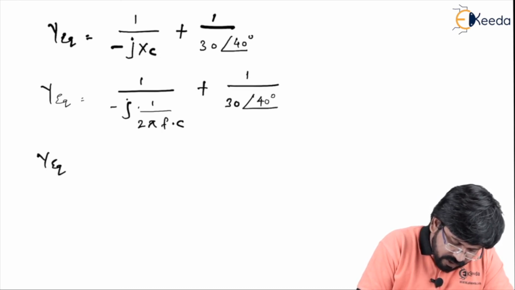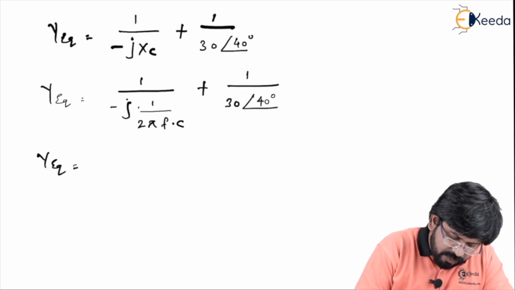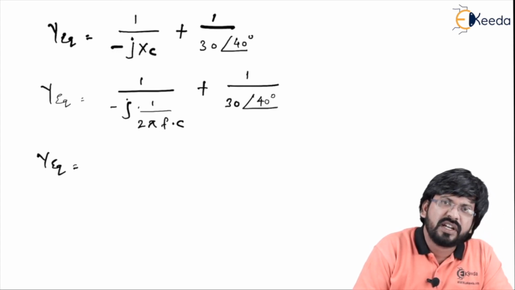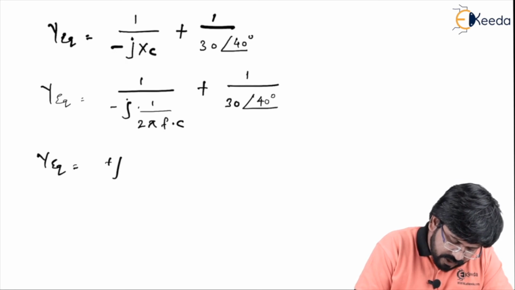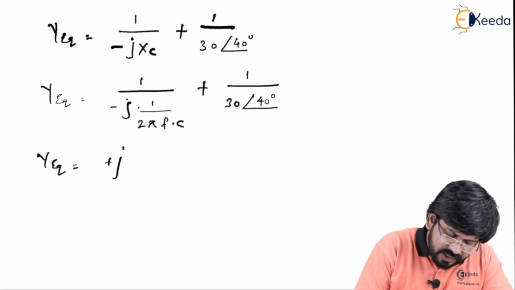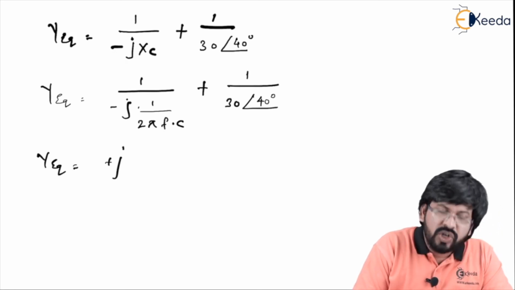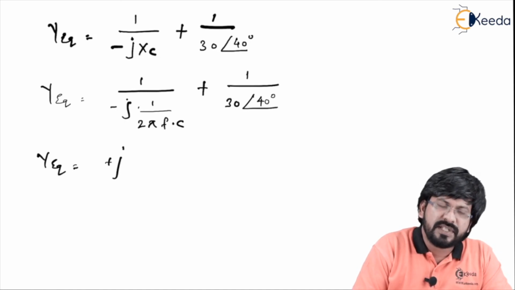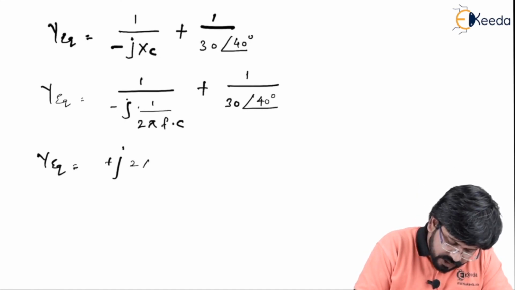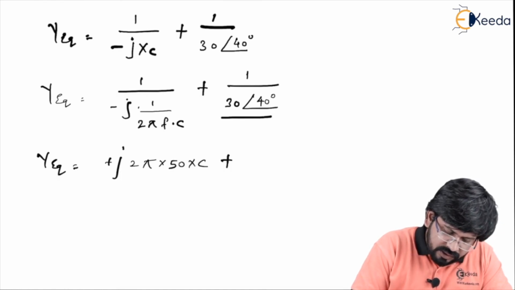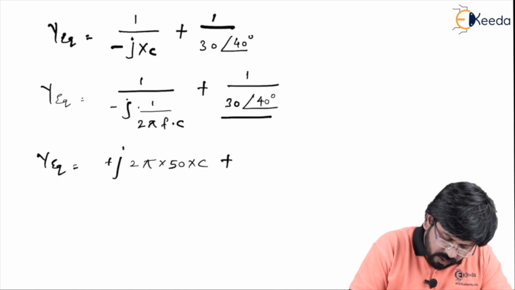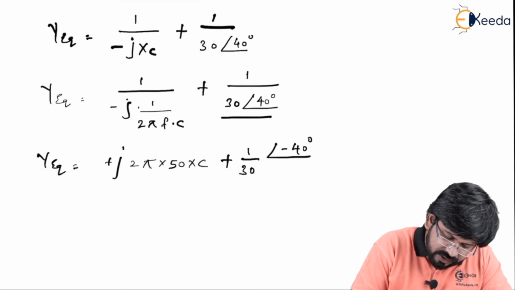Further, I can simplify Y equivalent: minus J in the denominator can be taken as plus J in the numerator, and 1 upon 1 upon 2 pi FC becomes 2 pi FC simply. So it is J times 2 pi, F is given as 50, times C, plus the second term, 1 upon 30 in magnitude at an angle of minus 40 degrees.